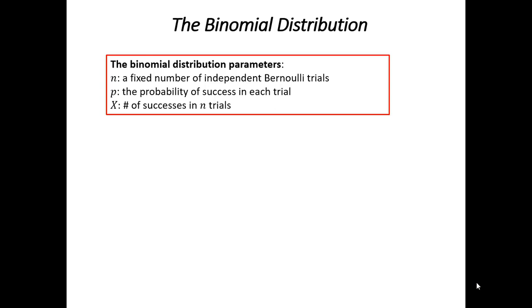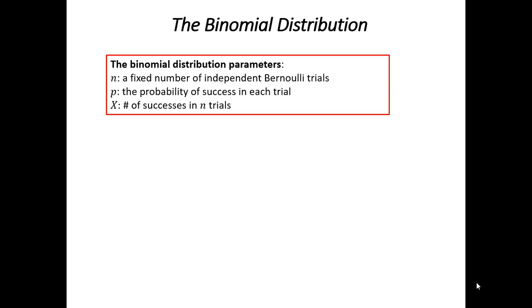The first thing to notice is that when you have a probability question involving a fixed number of Bernoulli trials, we'll use n to denote the number. Now these Bernoulli trials are trials that result in two outcomes. We may sometimes call them success or failure.